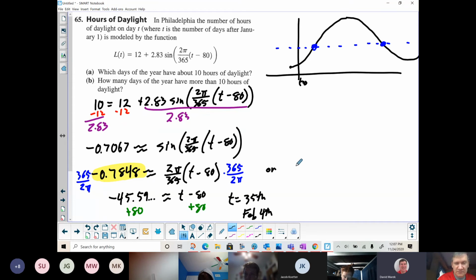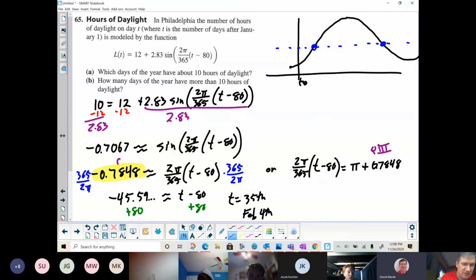So 2 pi over 365 times t minus 80 could be equal to pi plus 0.7848. Okay, so this is quadrant 3, where sine is negative, and this is a representation of the angle in quadrant 4, where it's also negative. Well, it's the same kind of messy numbers there.